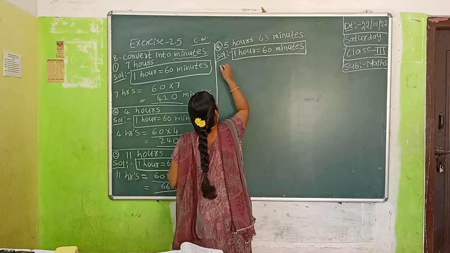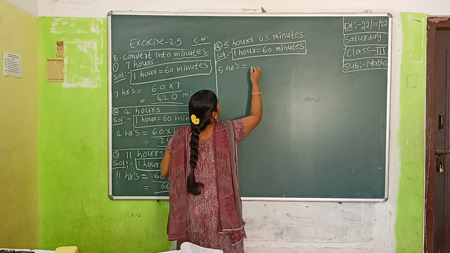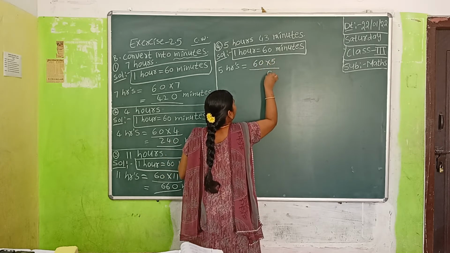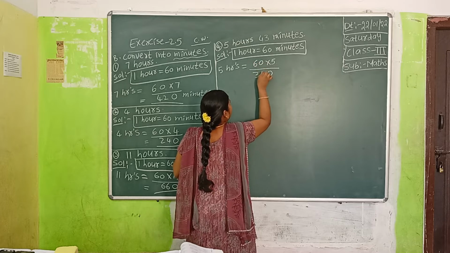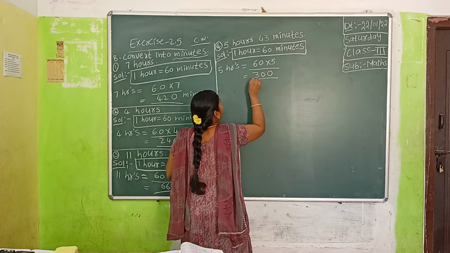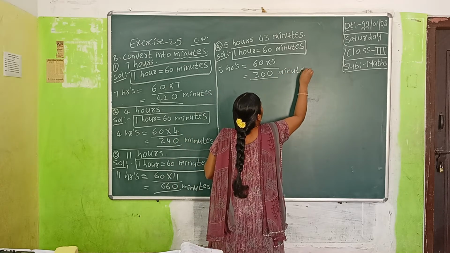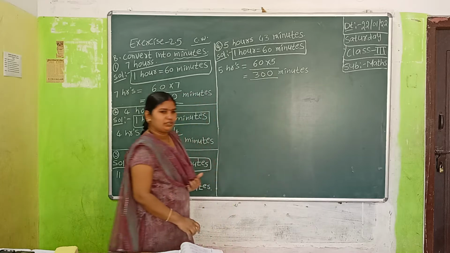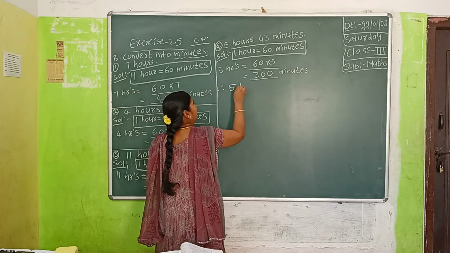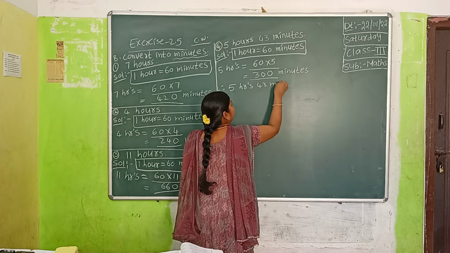Okay. Now 5 hours. Don't make noise. 60 into 5. 5 into 0, 0. 5 sixes are 30. When it is a single-digit number, directly do the multiplication like this. So 5 hours equals 300 minutes. Now write the given question: 5 hours 43 minutes.